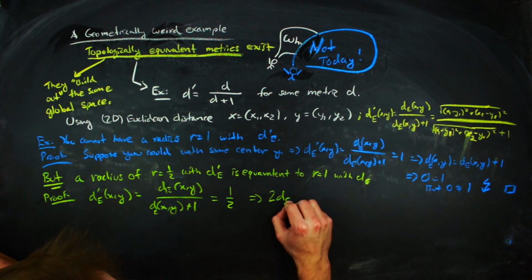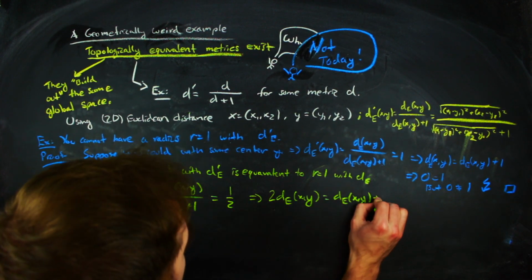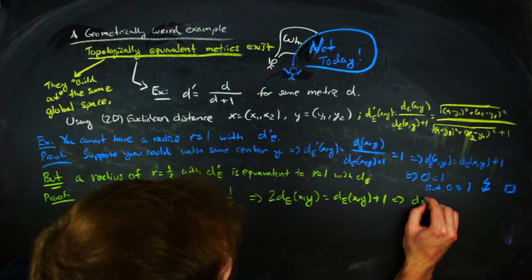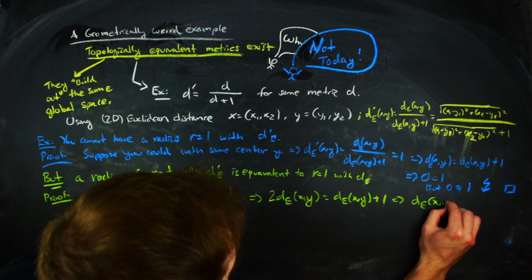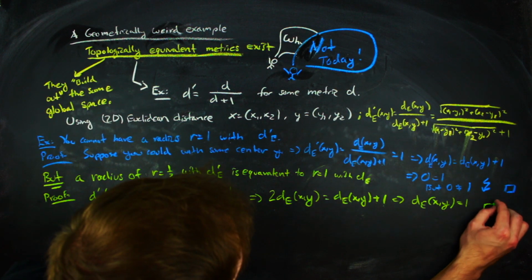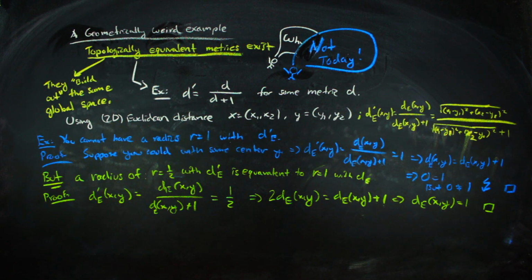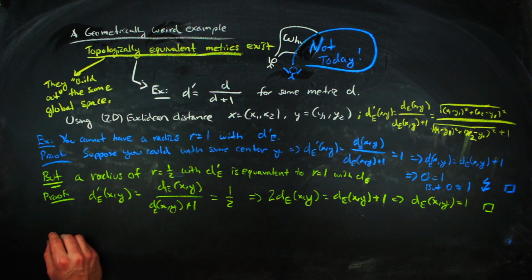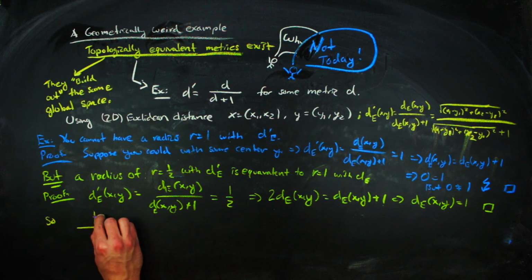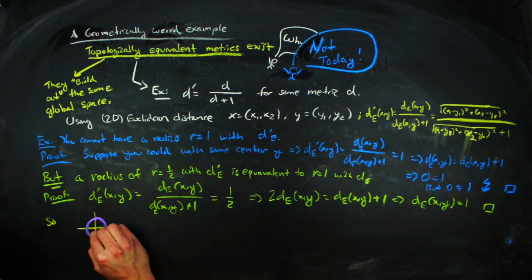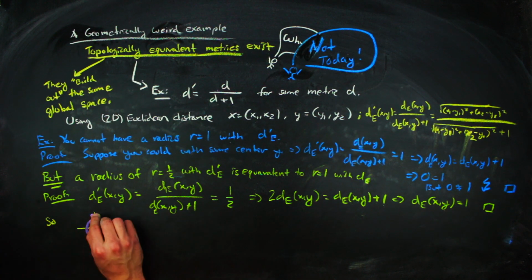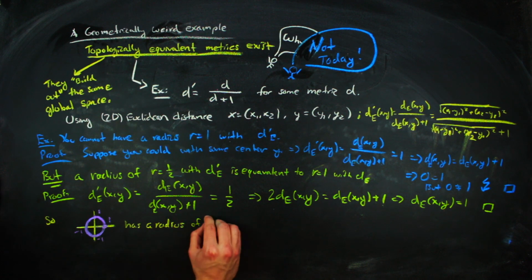Manipulating, we get this, and then with some simplifying, we find that d sub e of xy is equal to 1, which is the same equation for a circle of radius 1 when we take the center as y. So the circles are algebraically the same. There's just a bit of context that is changing between the two scenarios.